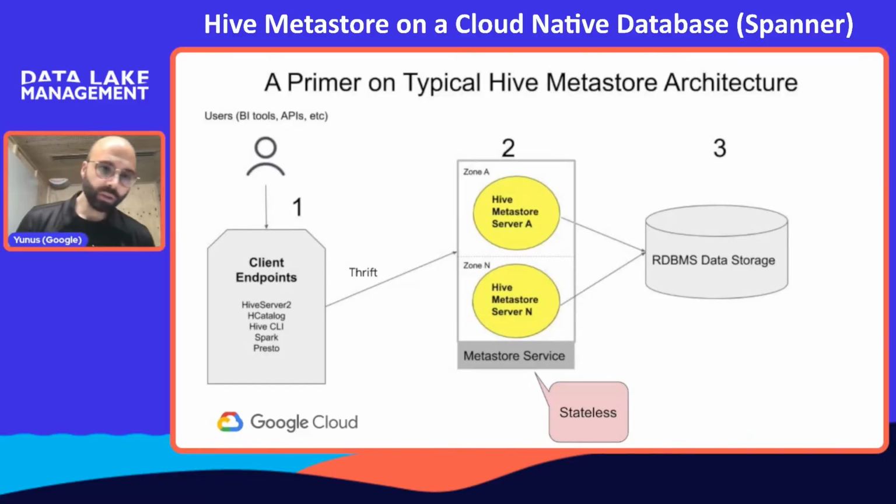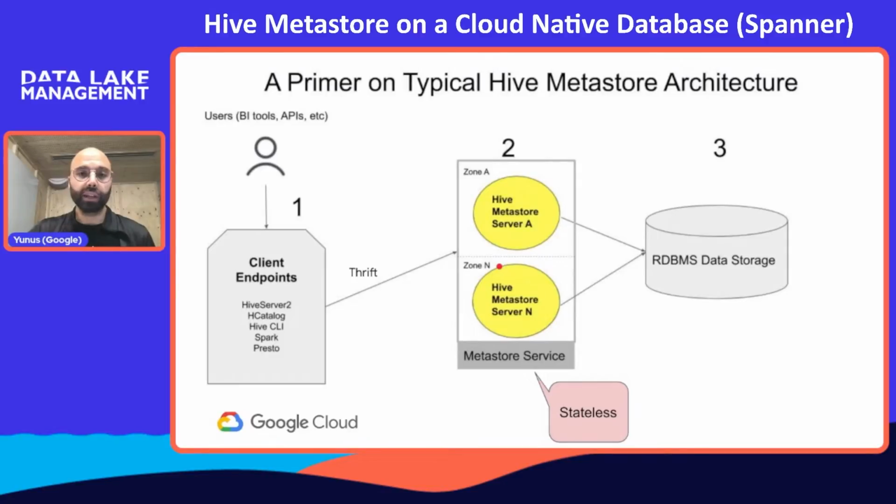How does it work? On the left there are engines, Spark, Presto, Hive. They use the Thrift protocol to access the Hive Metastore service, and this service is a stateless service. We can run as many Hive Metastore services as we want. It's basically Java code.